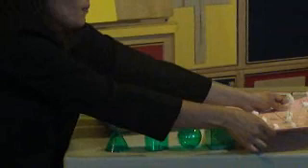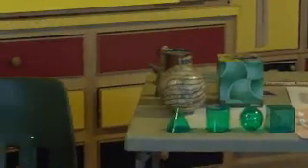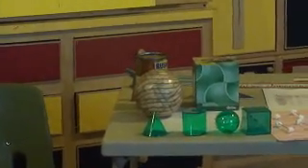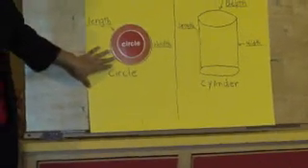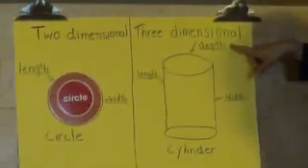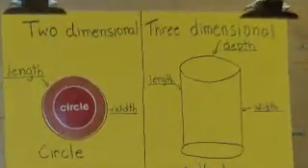Thank you. So today we're going to start a project. But before we do, I have to show you something. This is a two-dimensional shape, remember? But look, a three-dimensional shape has something different.